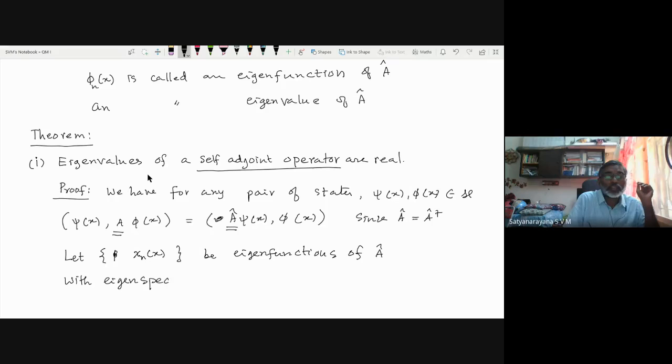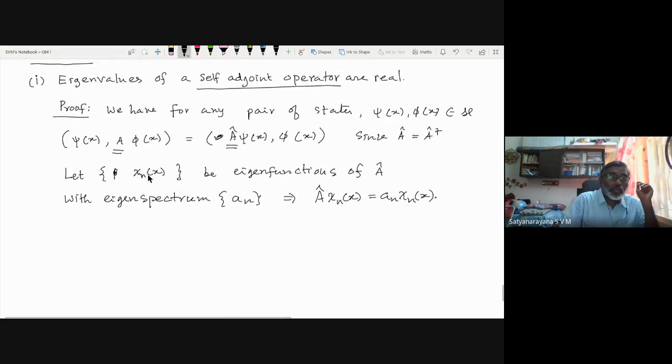Sometimes we call this the eigenspectrum. What does that mean? That means A acting on chi n of x is equal to a n chi n of x. Now let us set psi of x equal to chi n of x and phi of x also, because this is true for any pair of functions, I will take both functions to be the same chi n of x.